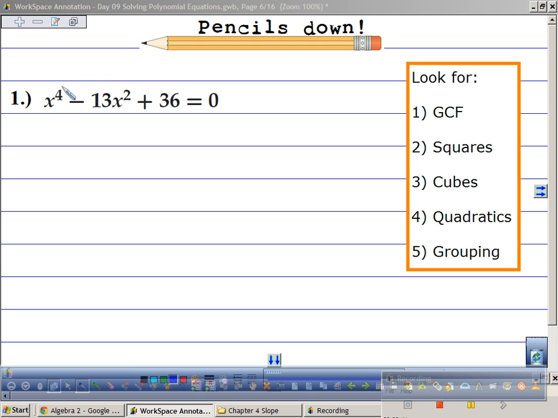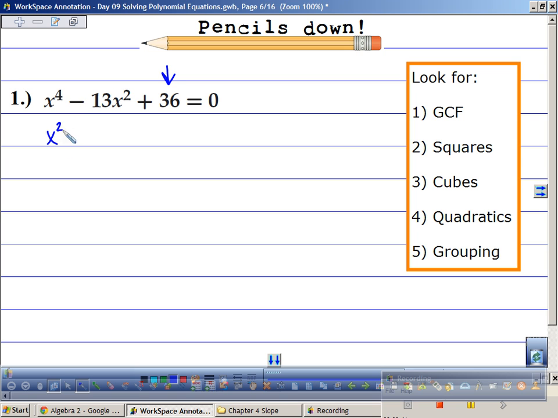If this was a perfect square trinomial, it would be what? X plus 6, and X plus 6 makes 12? Yeah, we're not there yet. So it's not a perfect square trinomial, even though there's a square there. But that's the first thing you should be seeing right there, is that you've got a square there. And there's actually a square here too.